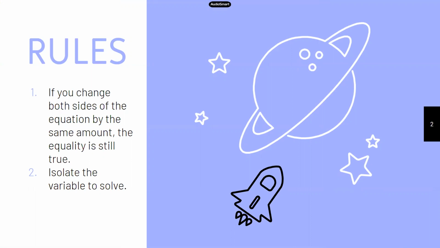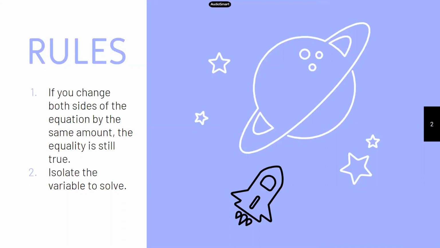What rule number one basically means is that if you add the same number to both sides of the equation, or if you divide both sides of the equation by the same number, the equation is still going to be true. And what rule number two means is that you need to make sure that on one side of the equation, the only thing left is the variable or the letter, and on the other side of the equation, everything else is there. So that includes basically any kinds of numbers.